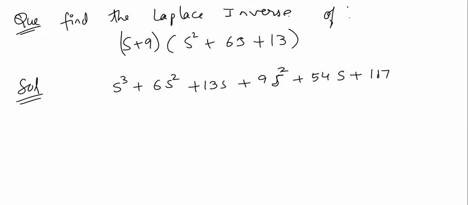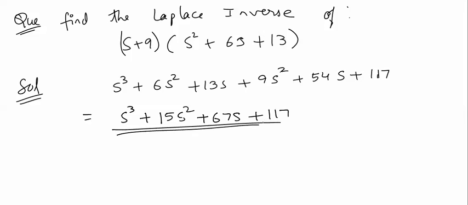Now inverse also we can do in the same fashion. If we know the Laplace, we can find out the inverse also. It is just the opposite of that particular thing. So if you simplify, this will become s cube plus 15s square plus 67s plus 117.